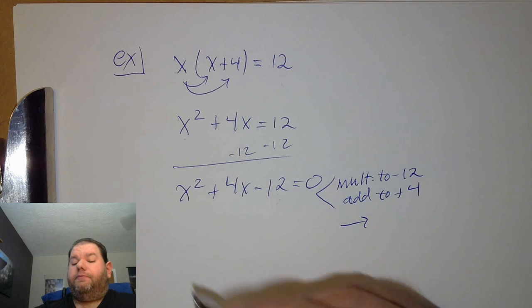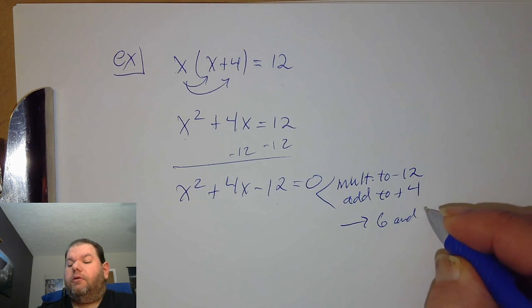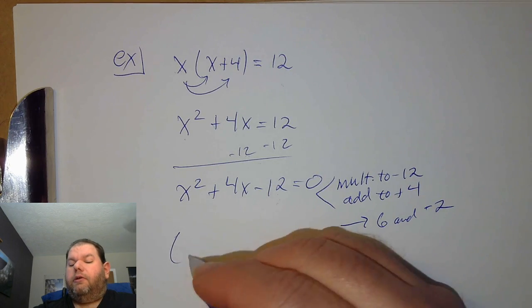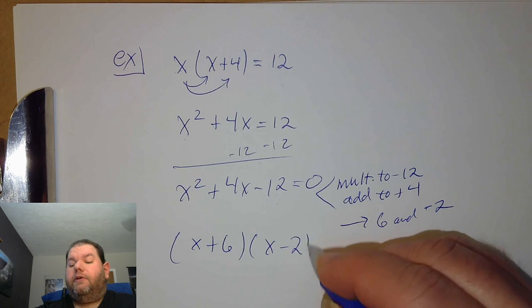Six and negative 2. So we'll do x plus 6, x minus 2 as our factors.